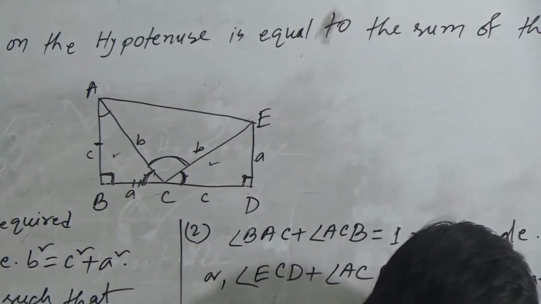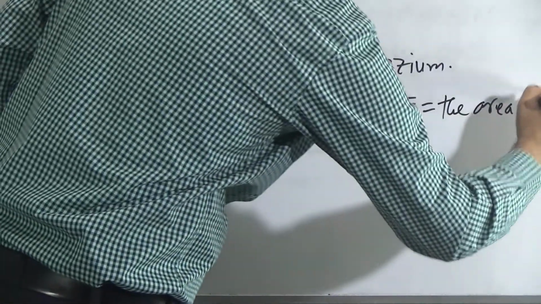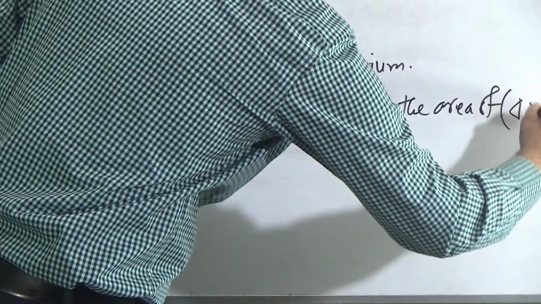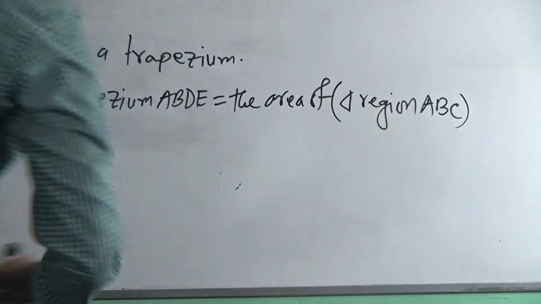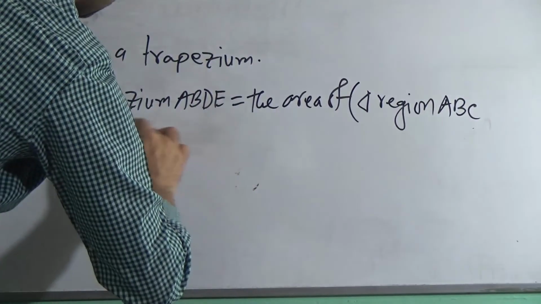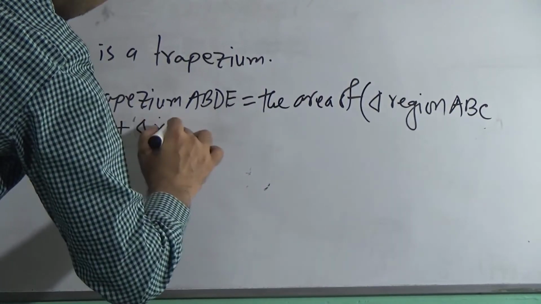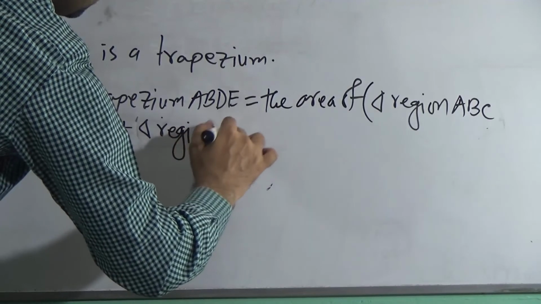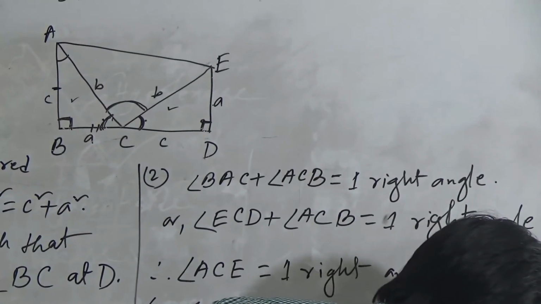It means we can write the area of triangular region ABC plus triangular region ECD, plus triangular region ACE.